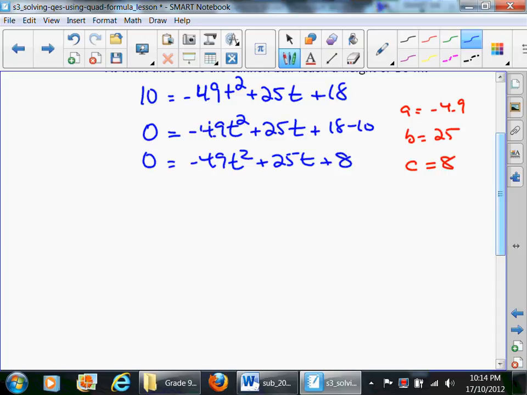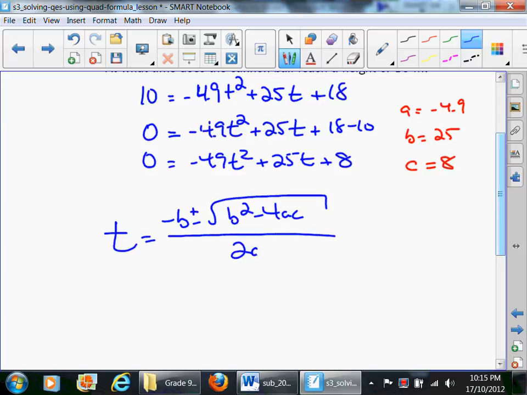So now what we've got to do is we're going to solve for t, not x. So we need to put t equals negative b plus or minus the square root of b squared minus 4ac all over 2a.